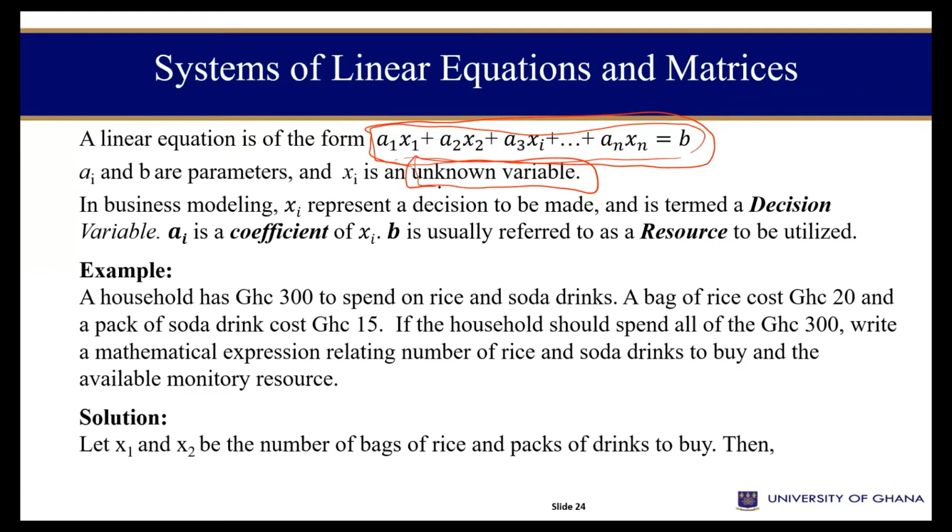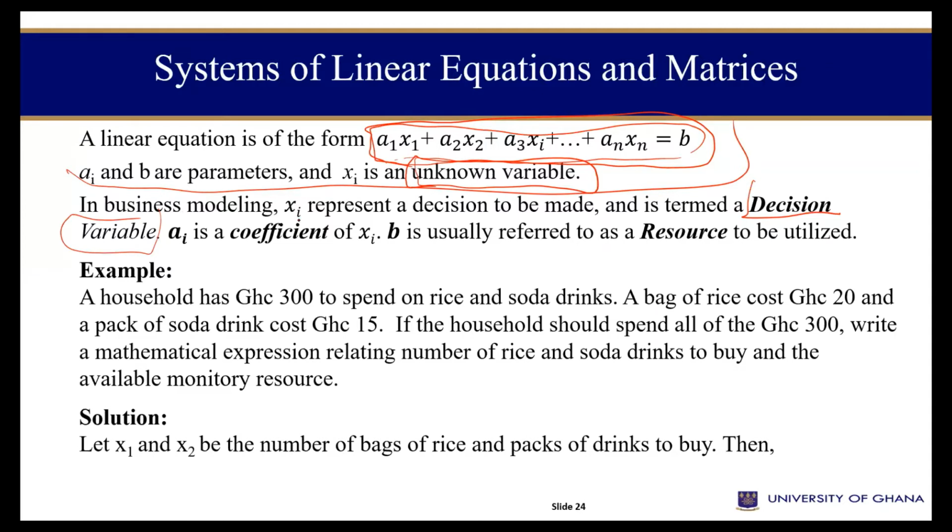But because we are in a business school, and this is not a statistics class, in business modeling we won't be naming them as I have indicated above. In business modeling, we call X1, X2, X3, all the way to Xn decision variables. Oftentimes I'll be asking, what are the decision variables?